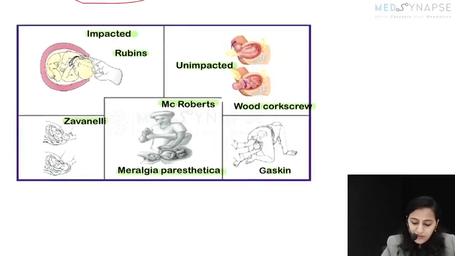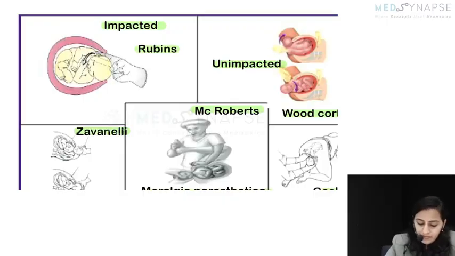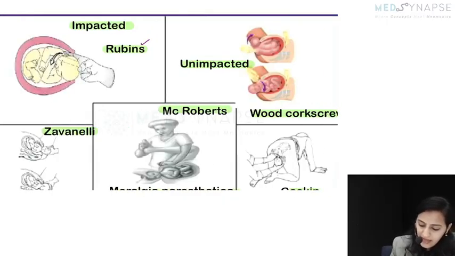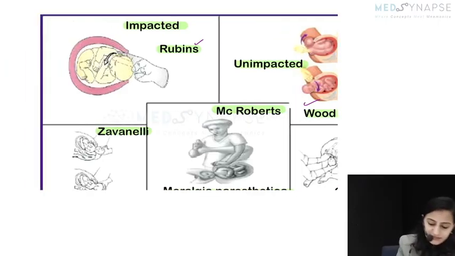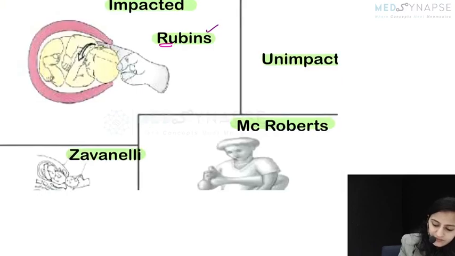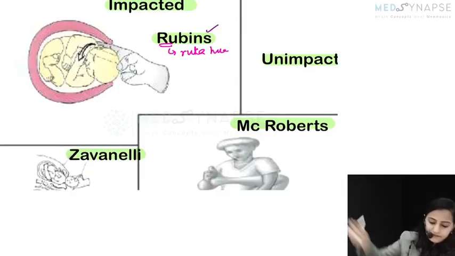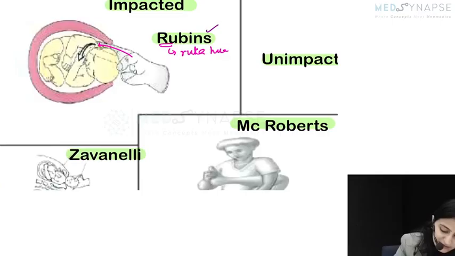So when you are trying to get the shoulder out, you have the maneuvers that is Rubin and Woodcock screw. So how will I decide it is Rubin or it is Woodcock screw? In Rubin जो शोल्डर रुका हुआ शोल्डर है हम उसको रोटेट करते हैं पहले. So look at the hand, the shoulder that we are rotating is the one which is impacted.